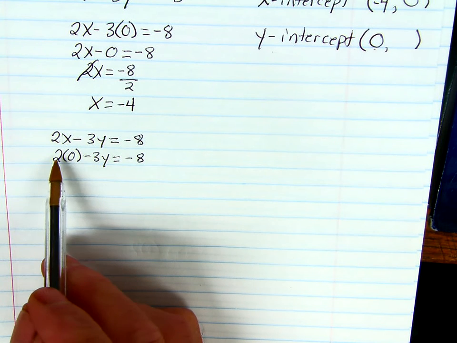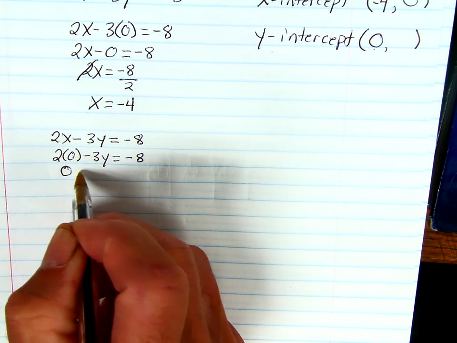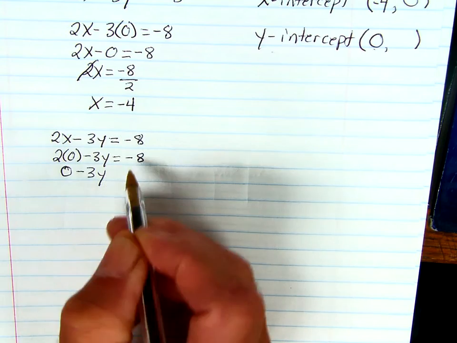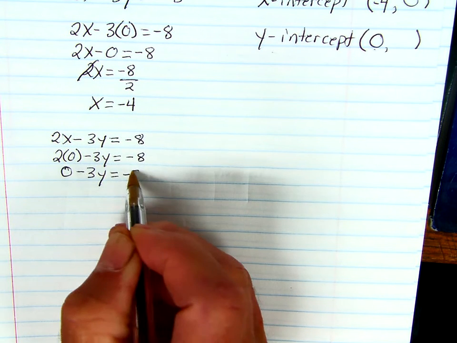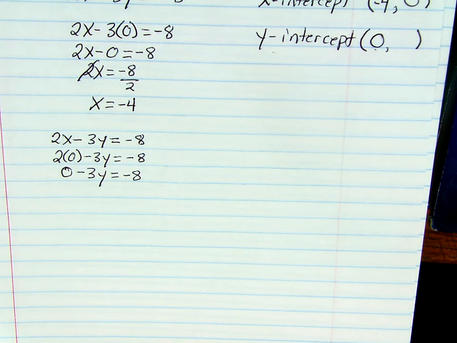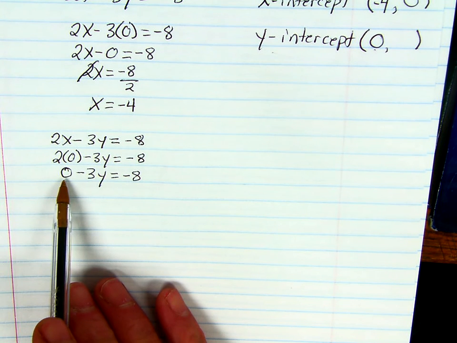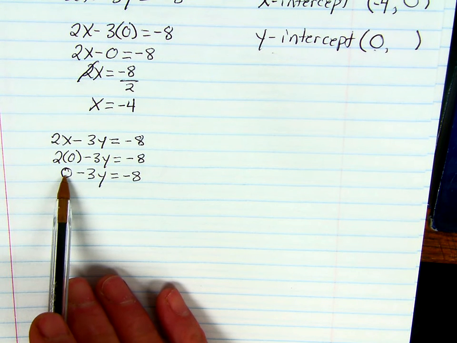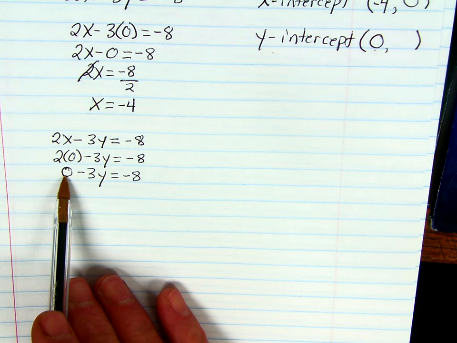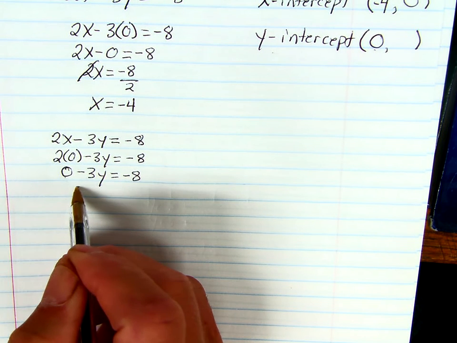Now all of a sudden there's some math to do. 2 times 0 is 0. Minus 3y equals negative 8. Since we're adding 0, we're adding nothing, and if we're adding nothing, we can just leave it off.